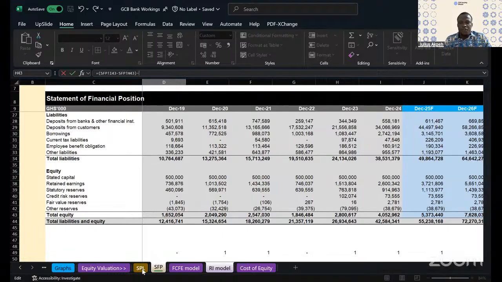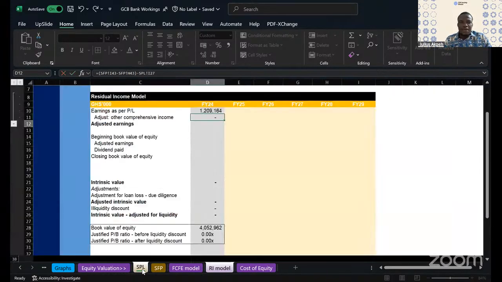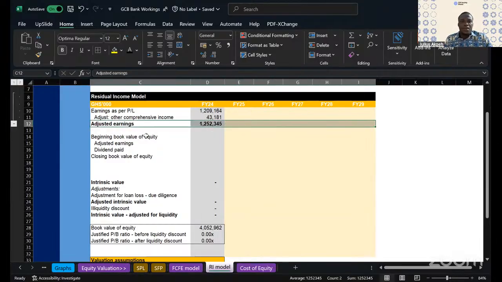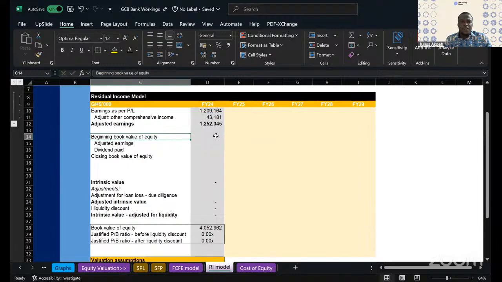So I look for the profit for the year. I take it out of it. I realize that there's an amount left. So it tells me that this amount is another comprehensive income item. So what then do? I sum it up, and that gives me the total comprehensive income, or the adjusted earnings. Now, what's the beginning book value of equity?